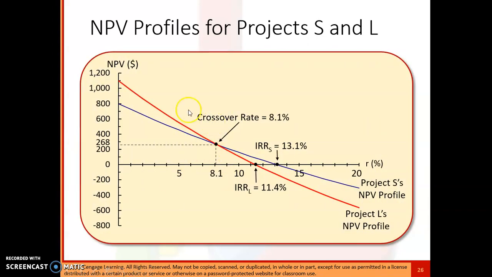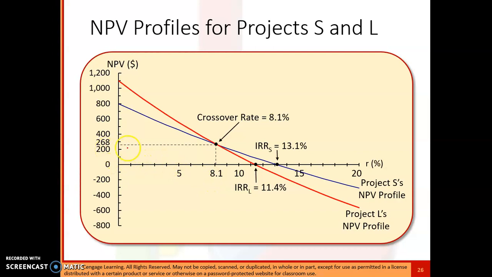So we have our NPVs on the y-axis and then the IRR on the x-axis. So at 8.1%, both projects have the exact same NPV.